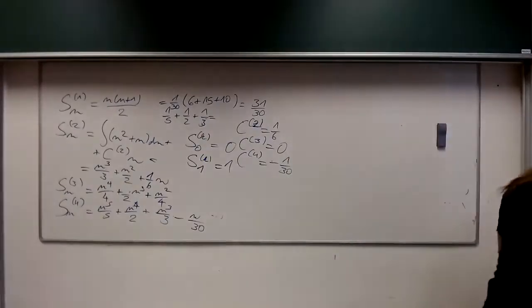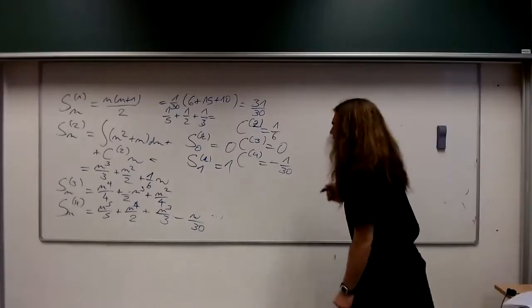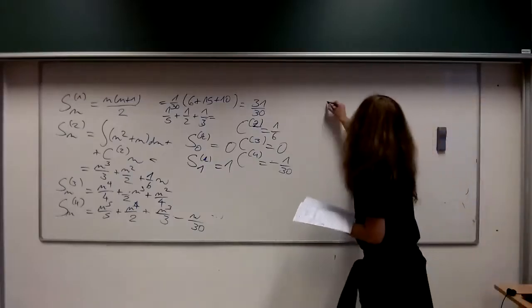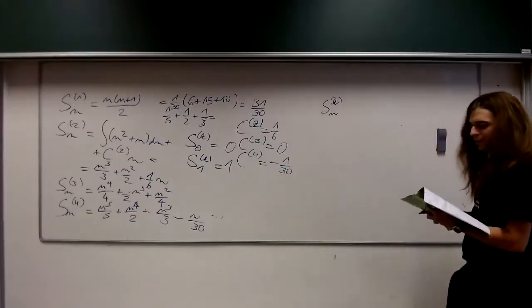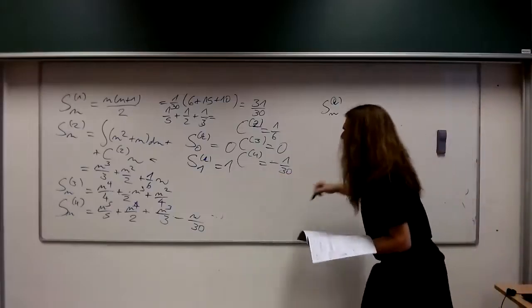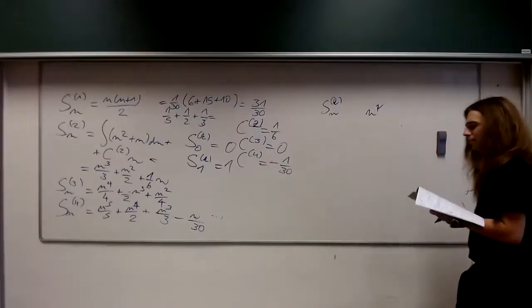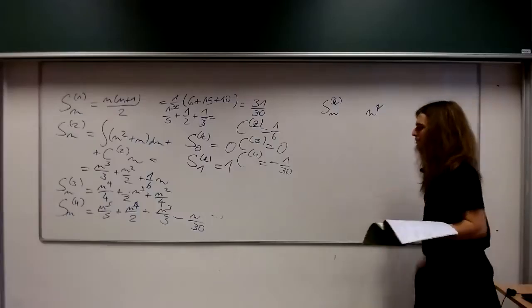So let's look here. If we have Sn with the kth power, and we want to know which coefficient is at n to the pth power, let's say, then how this came to be.